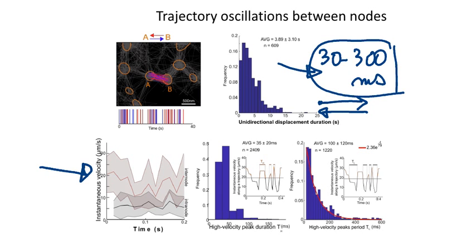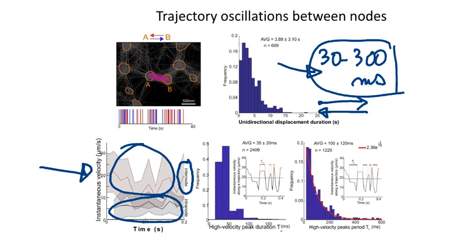Associated to the switching, we looked at the velocity, and the analysis revealed that the motion between nodes was much higher than the amplitude of the velocity inside the node.